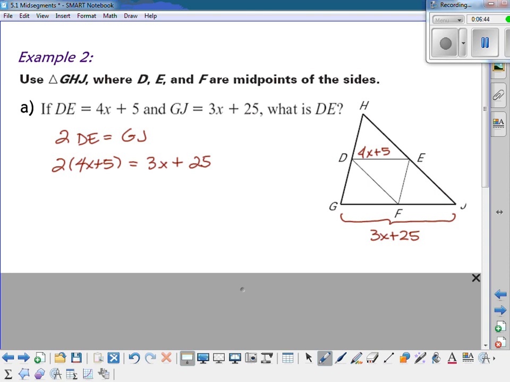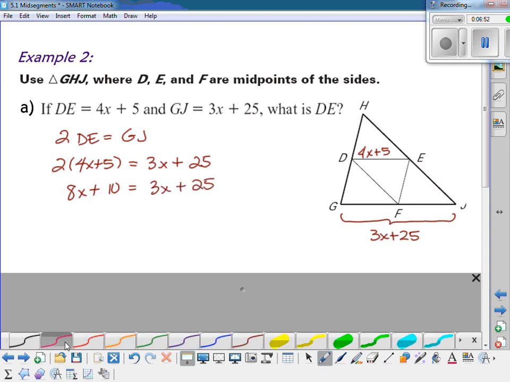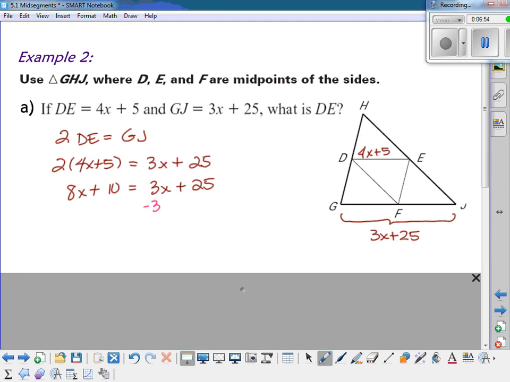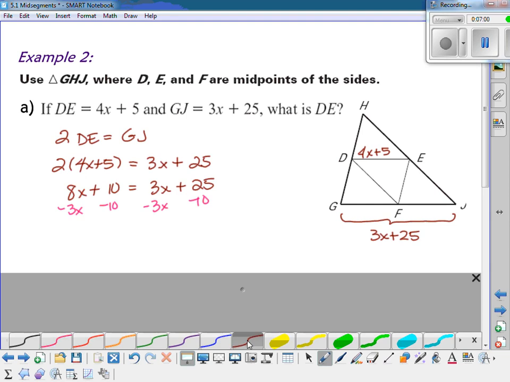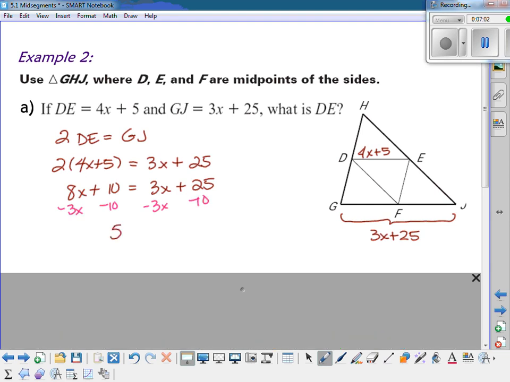If I go ahead and distribute, I get 8x plus 10 is equal to 3x plus 25. And then I subtract 3x from both sides, and subtract 10 from both sides, and I get that 5x is equal to 15, and so x equals 3.